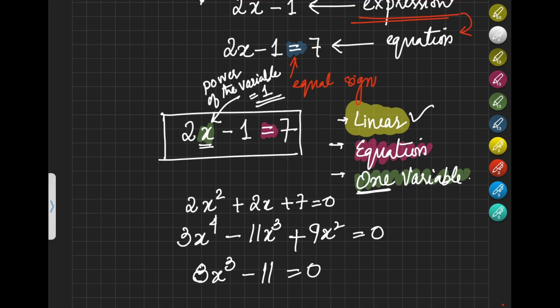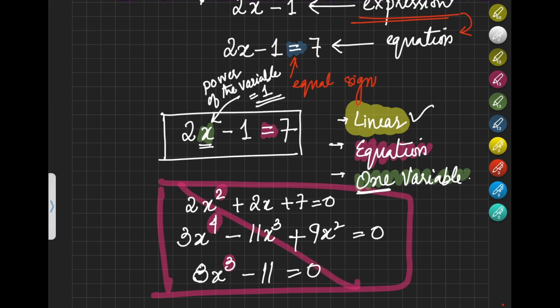If you notice here, the degree of the variable is not 1. The degree of the variable is 2, 4 or 3. So it is greater than 1. So these types of equations are not linear equations. To be a linear equation, it is very important that the highest power should be equal to 1.